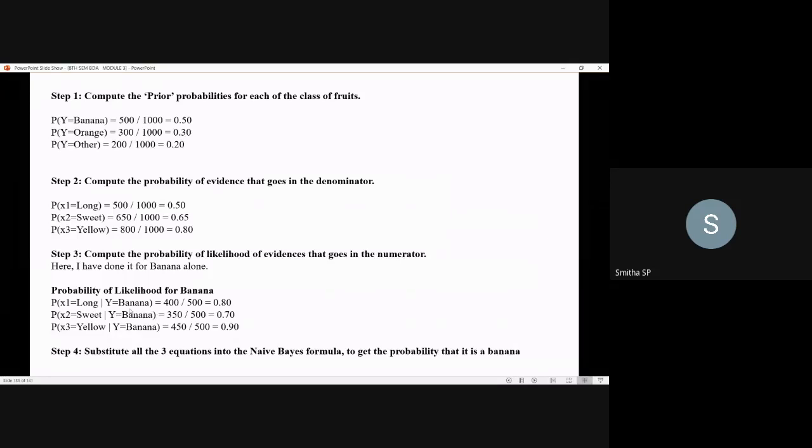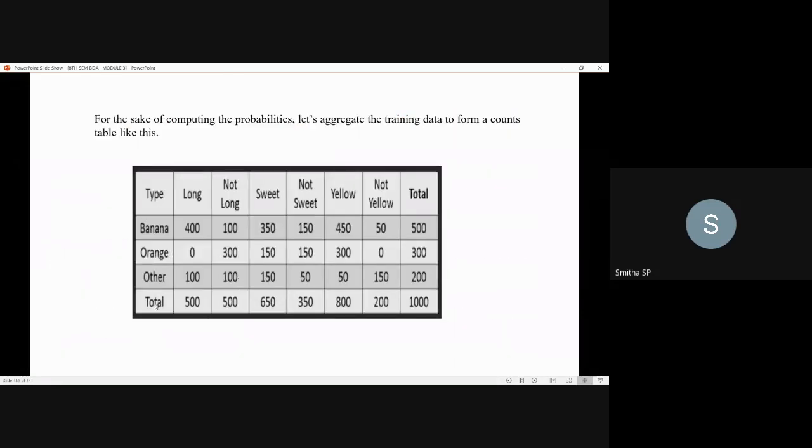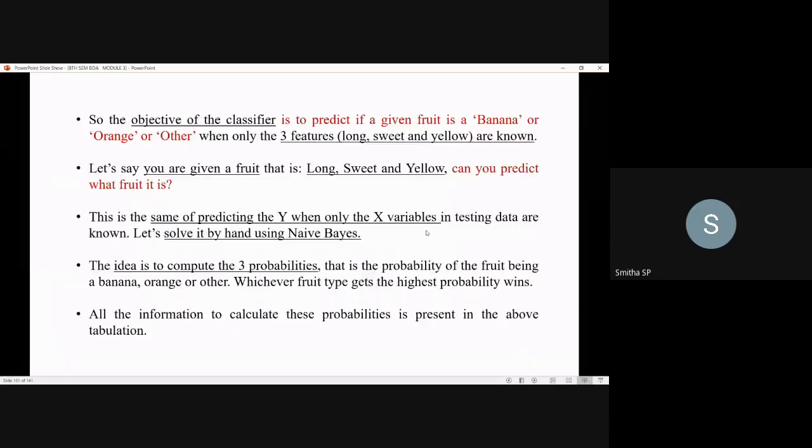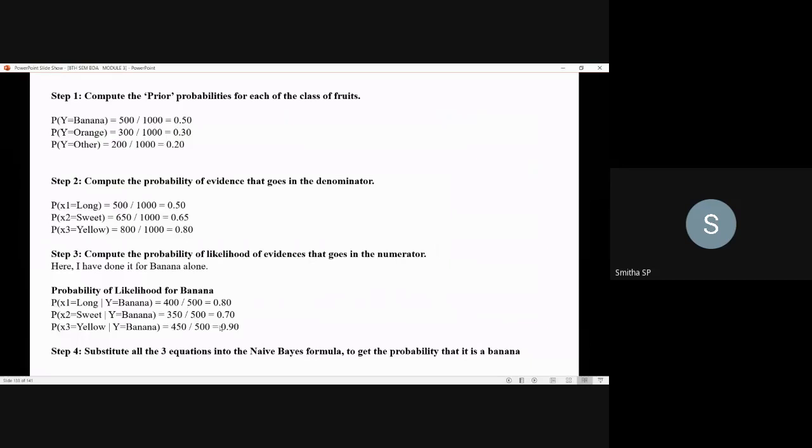Similarly, for the next feature, sweet. If the fruit you are having is sweet, what is the probability of likelihood that it is a banana? For the sweet feature, the count they have given in the tabulation for banana is 350. 350 divided by the total count of bananas, that is 500. 350 by 500 is equal to 0.70.